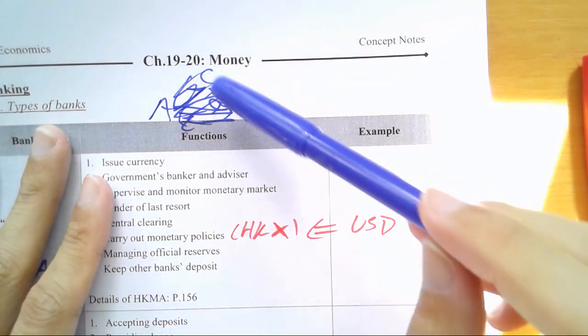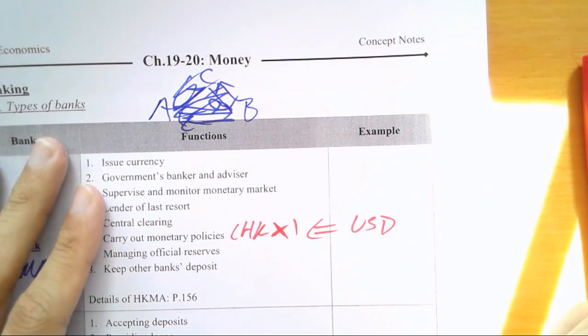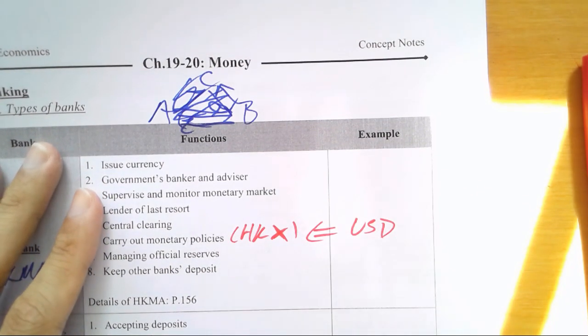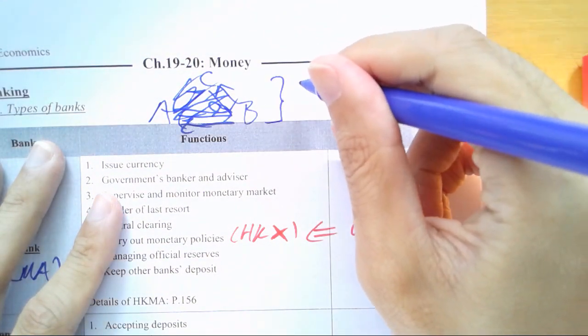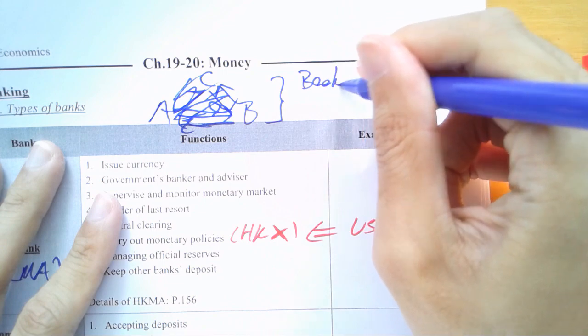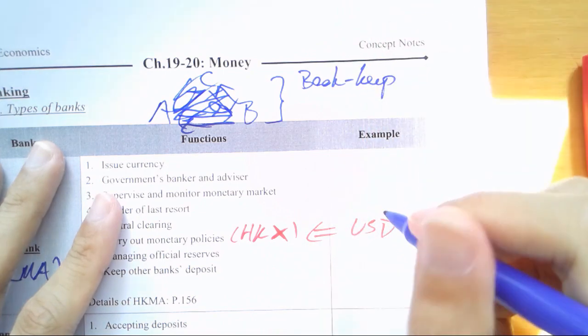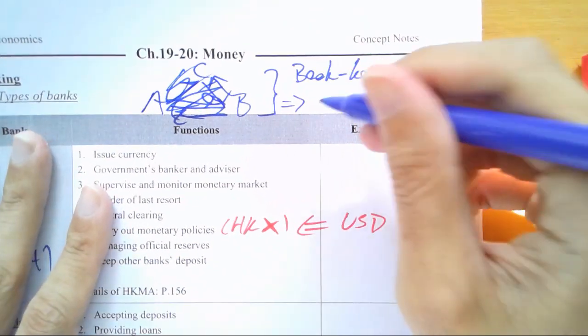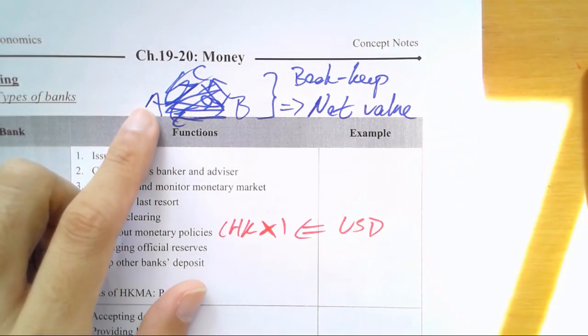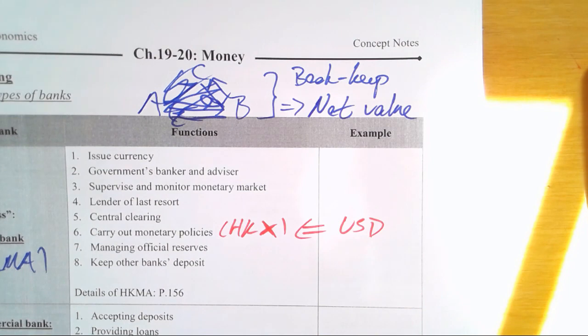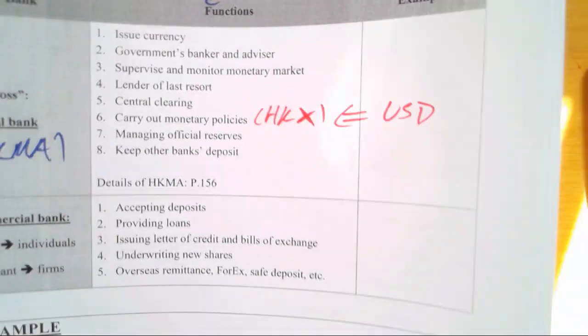If you need to settle each and every transaction, you'll be in a headache. 找數都找到手軟啦。So central clearing, what they do, they just bookkeep all the transactions, and at the day end, they only give you a net value. For example, Bank A owes Bank B $50, okay, and you only settle one time. Okay, this is what we call central clearing.